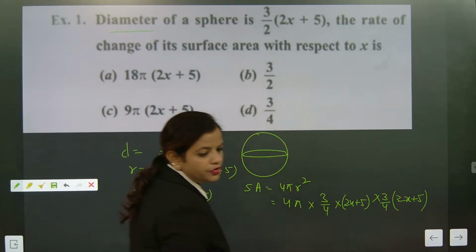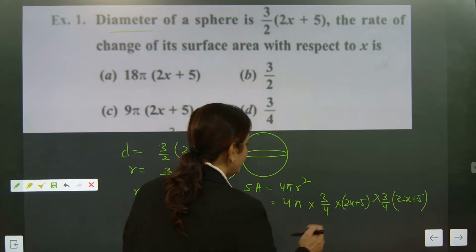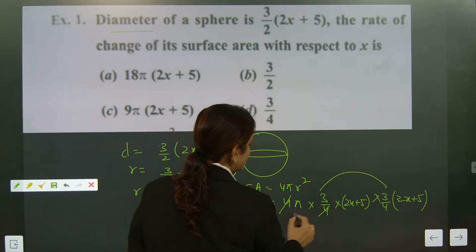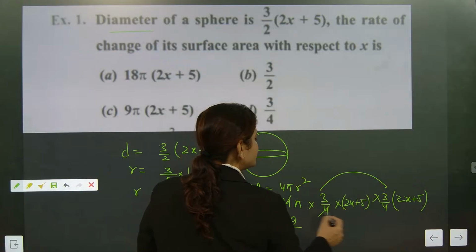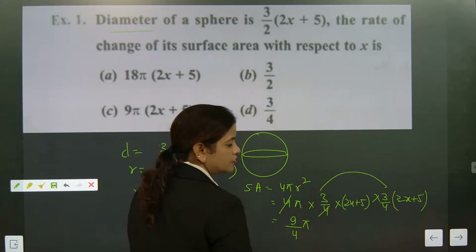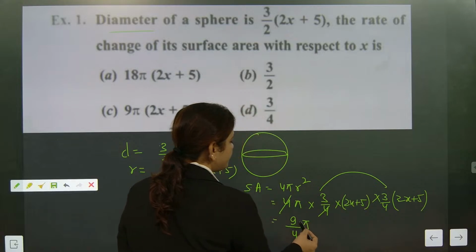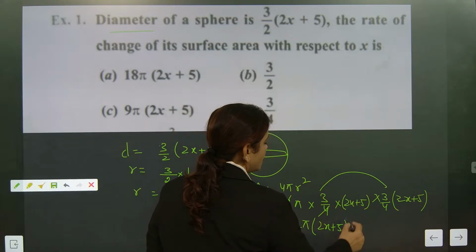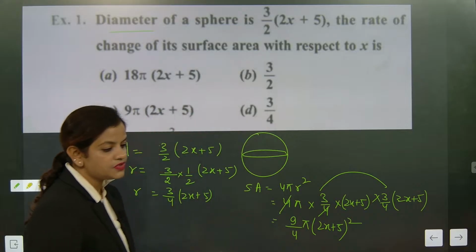So this 4 will get cancelled. 3 3s are 9, and here pi, and then by 4, it is coming as 2x plus 5 whole square. So 9 pi by 4 into 2x plus 5 whole square will become the surface area.